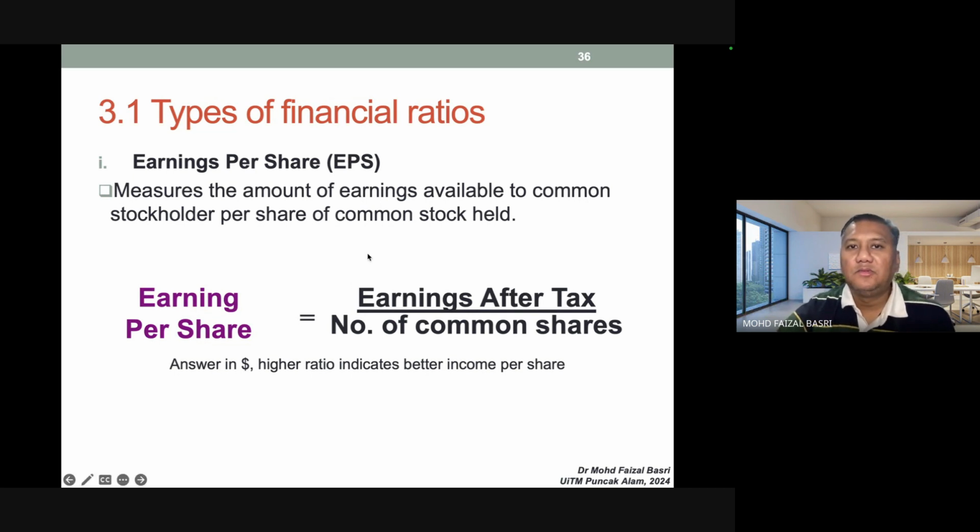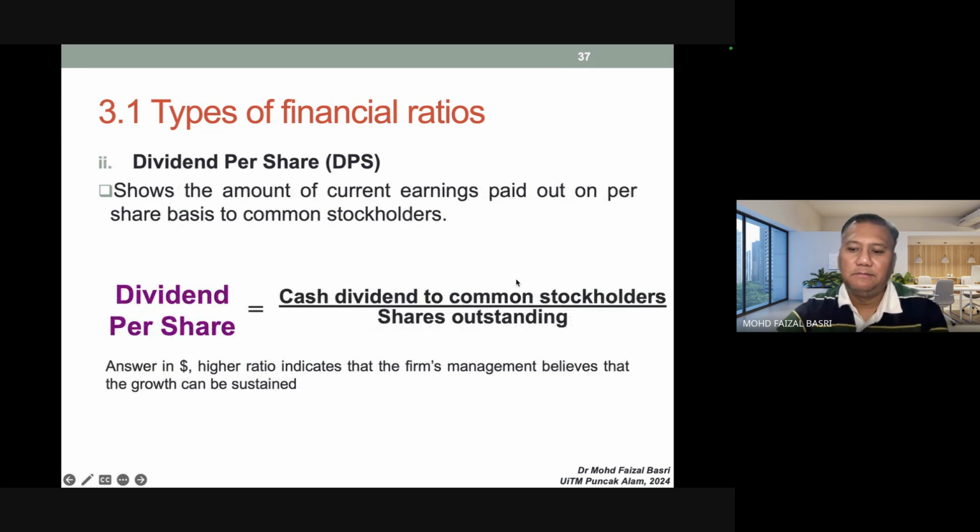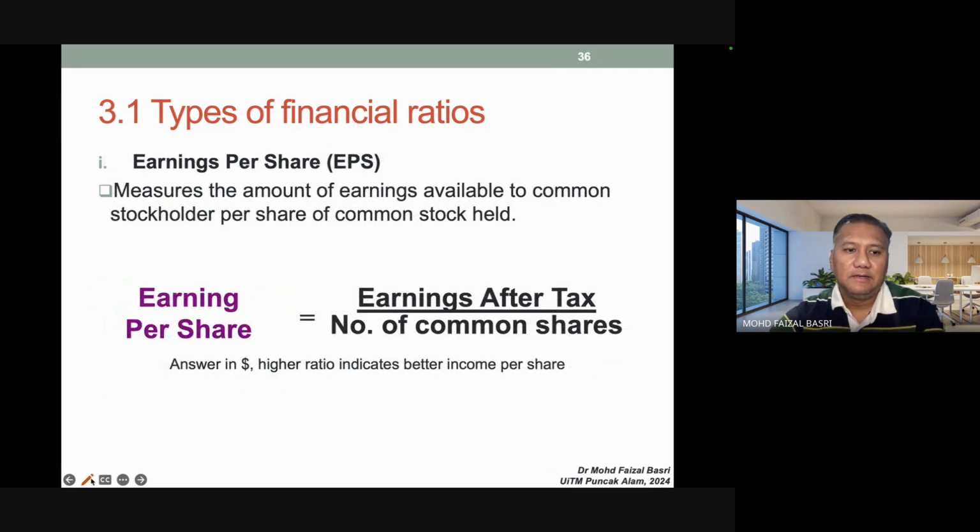Right, so untuk market ratios, we have earning per share. So the formula is earning after tax. Kalau you ingat tadi, this is basically the net profit. Okay, cuma kita tak ada number of common shares dalam balance sheet ataupun income statement tadi.